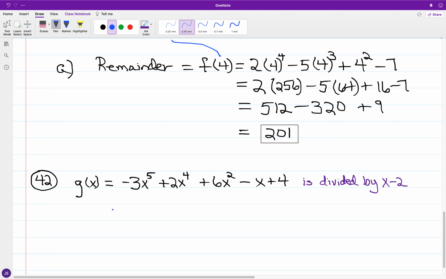So with the divisor, just going ahead and getting to the 0, if x minus 2 is equal to 0, we have that x is equal to 2. And we have that c is equal to 2.